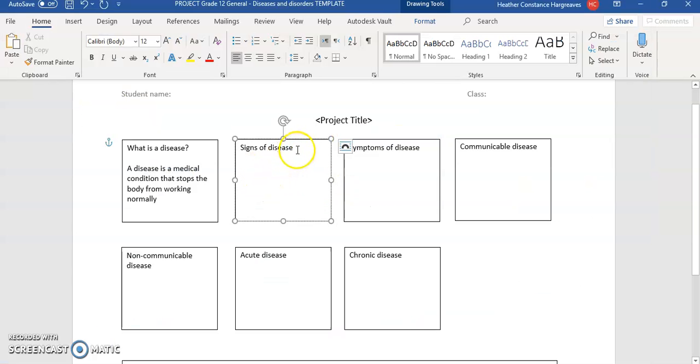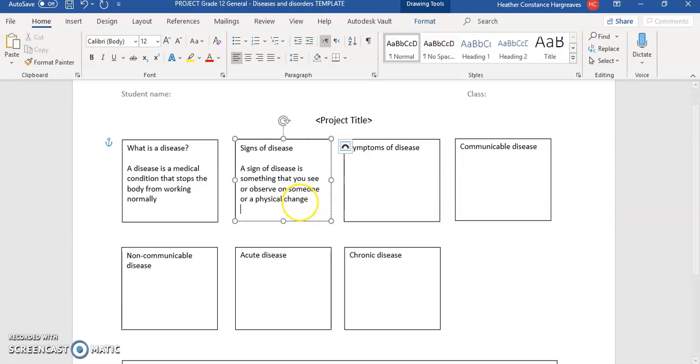So if I explain a sign of disease is, a sign of disease is something that you see or observe on someone, or a physical change that you can see.